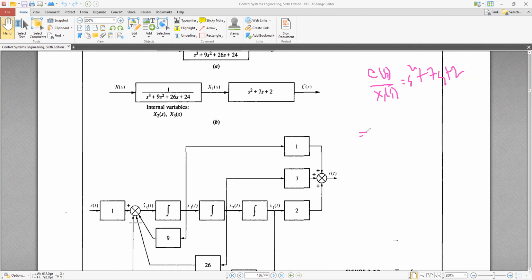Okay, so take the inverse Laplace transform and multiply it. So c(t) would be equal to (s squared plus 7s plus 2) into x1. Okay, let me erase this.